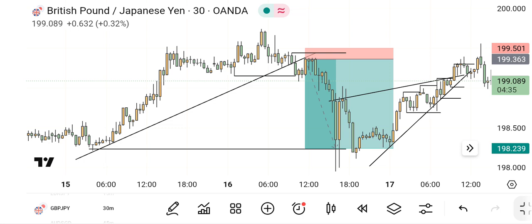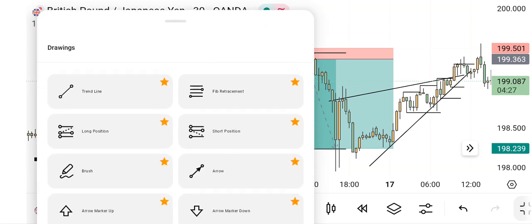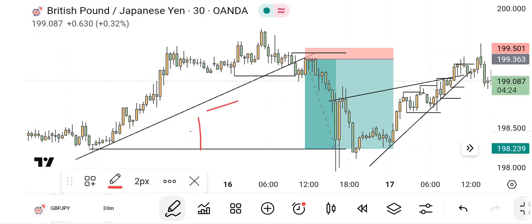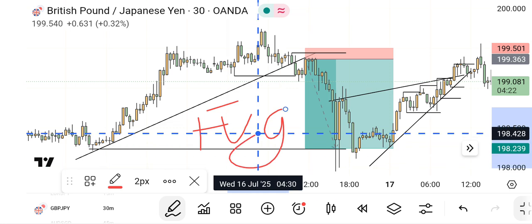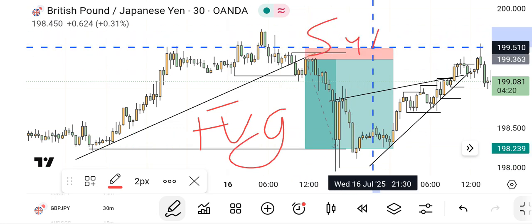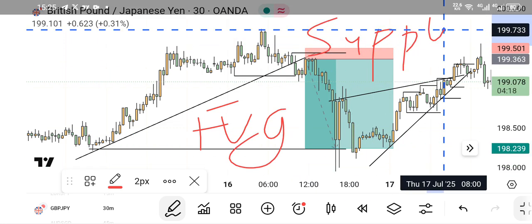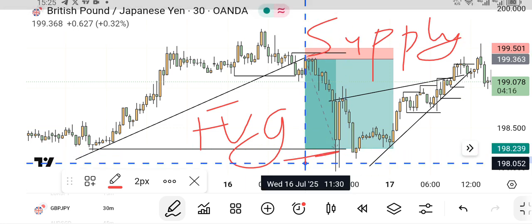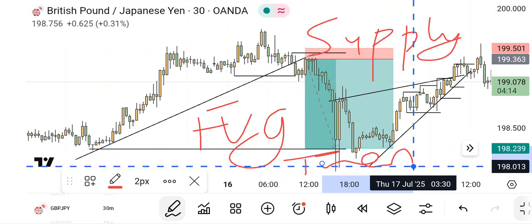EURJPY, and the gold. So you have to wait for the breakout, wait for the retest back to the fair value gap zone, the supply zone, or to the trend line.